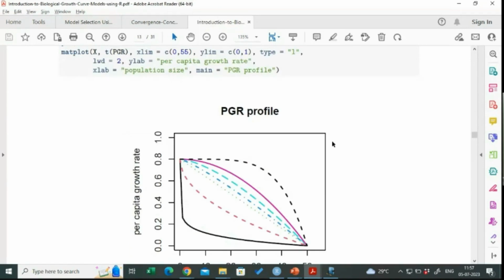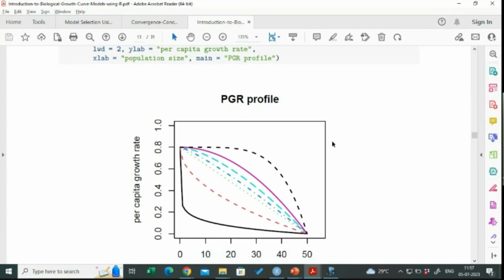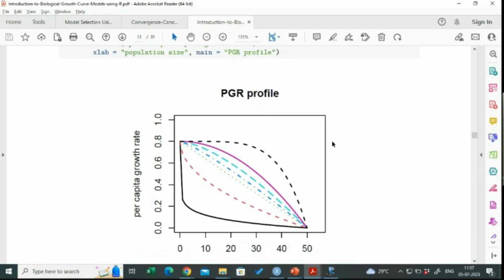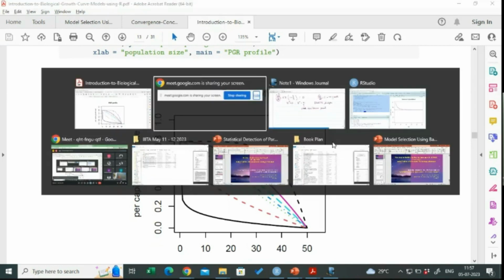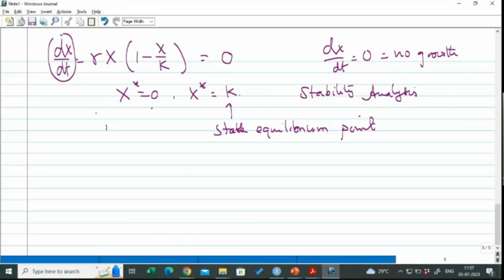So this is the per capita growth rate profile for different values of theta. If you're lost somewhere, I just want to push you to understand a little bit: if we plot dx/dt over x, then we call it the absolute growth rate profile, AGR.